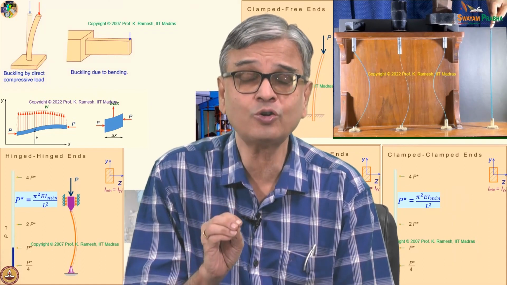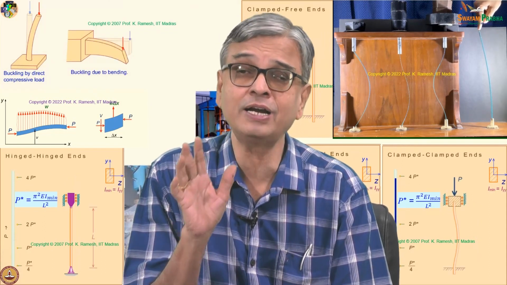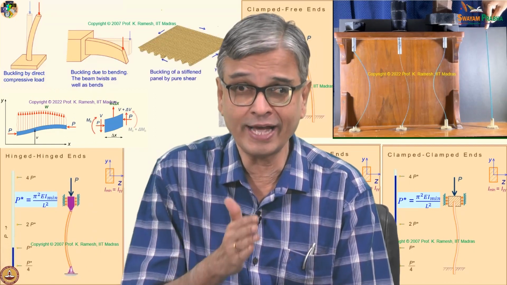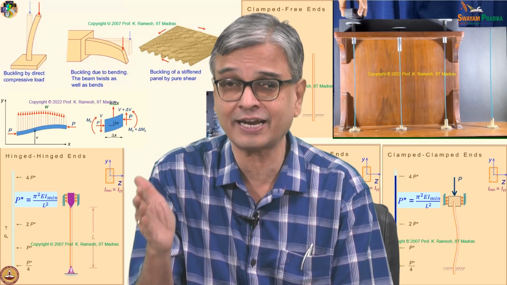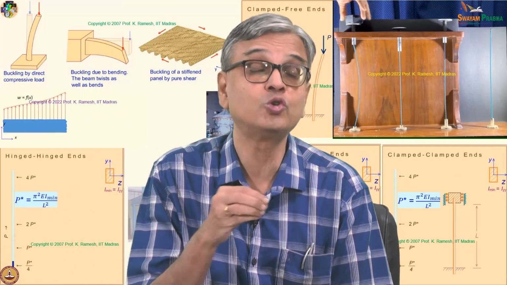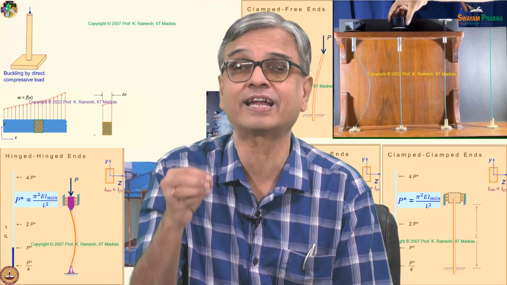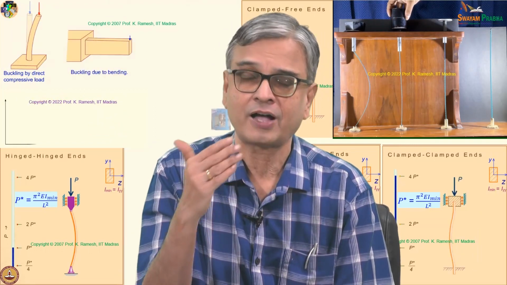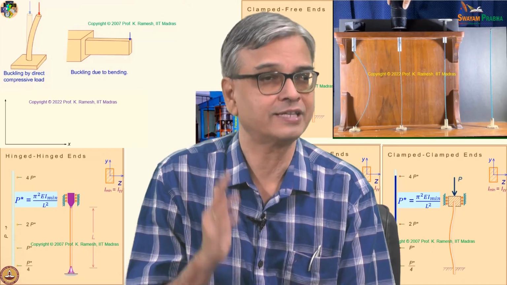We do that to find out the critical load. The moment I get the critical load and the column has buckled, though I can see deformation very clearly in my experiment, you do not have the mathematical analysis to get the deflected shape. That requires higher order theories for you to do it. Thank you.